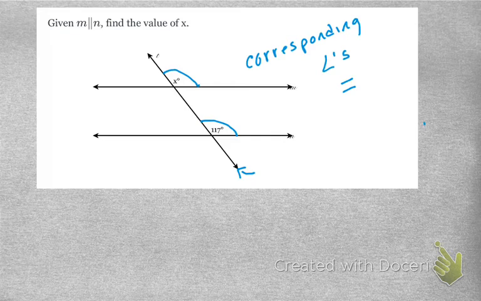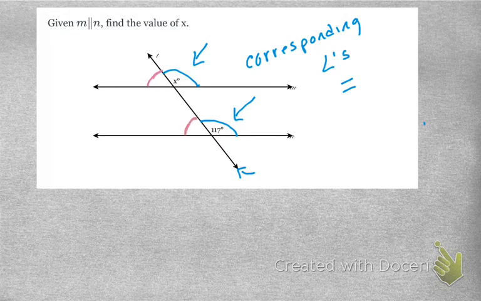So if these are corresponding angles, meaning they're in the exact same place above on the first line as they are in the bottom line, X is in the upper right-hand corner, and so is the 117. If I was to ask you who corresponds with this angle, it would be this one.